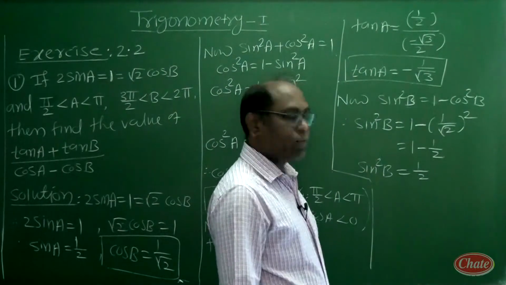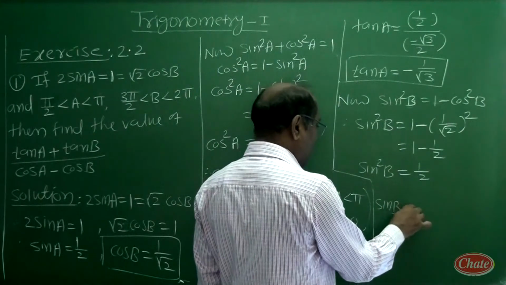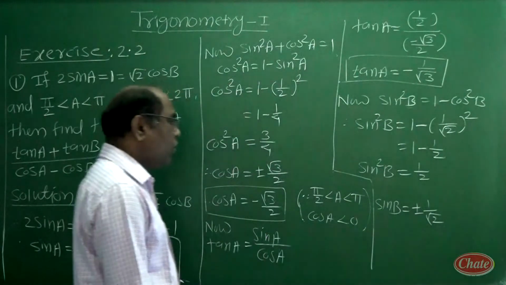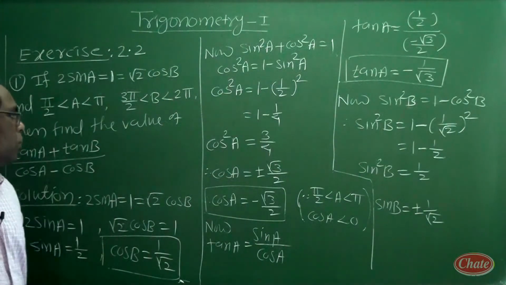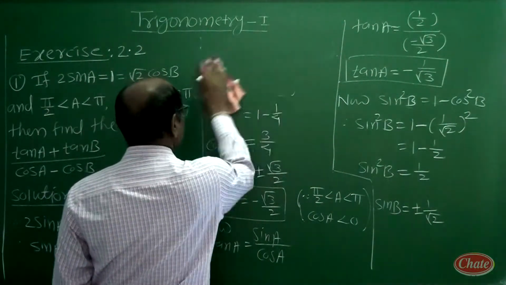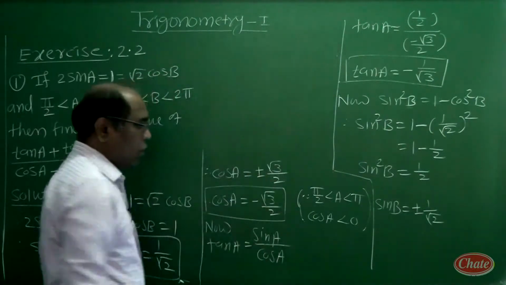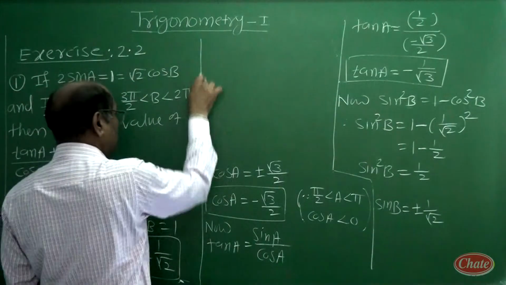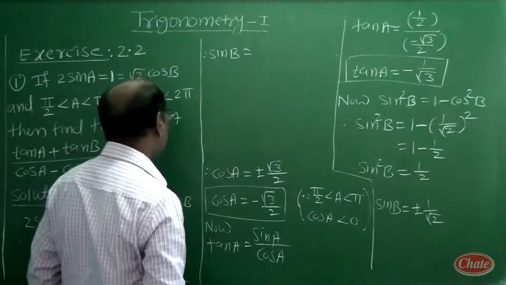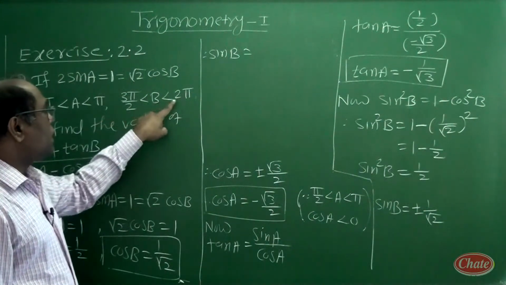So I have to take the square root here. Therefore sin B is equal to plus minus 1 upon root 2. Now see here, B lies in the fourth quadrant, 3 pi by 2 less than B less than 2 pi.